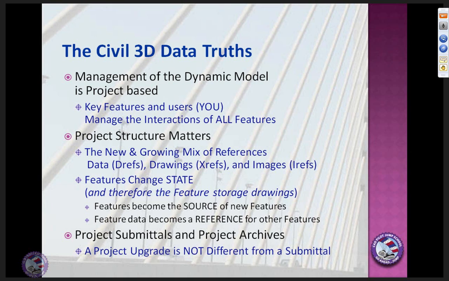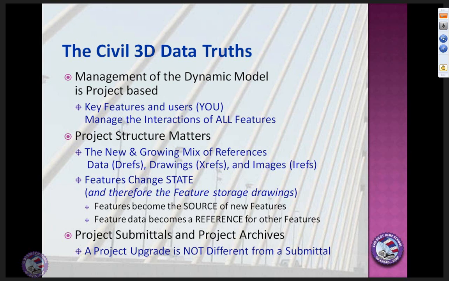And so that feature data then becomes a reference in other features. So that whole linked set of references that we had in the old AutoCAD LDT days now explodes into something much more complex and more difficult to get your head around.